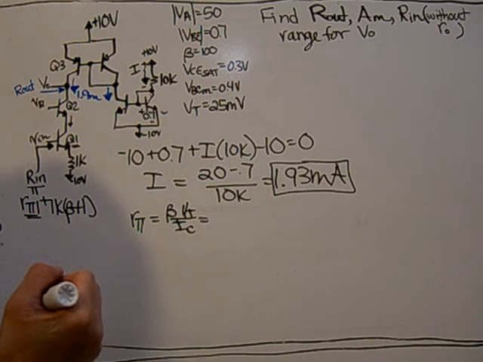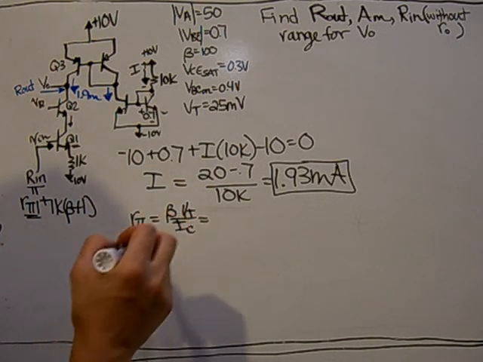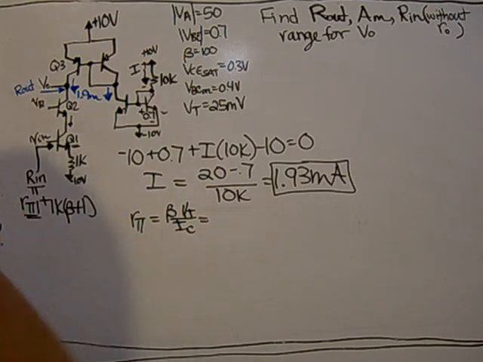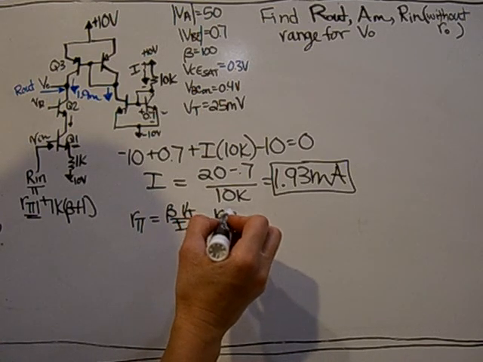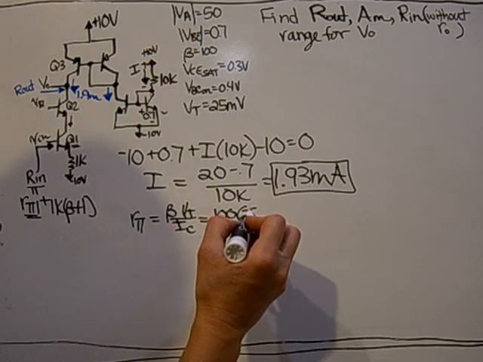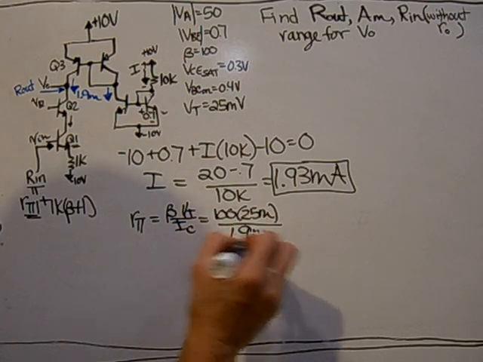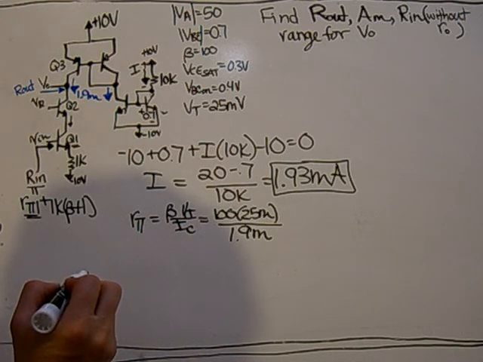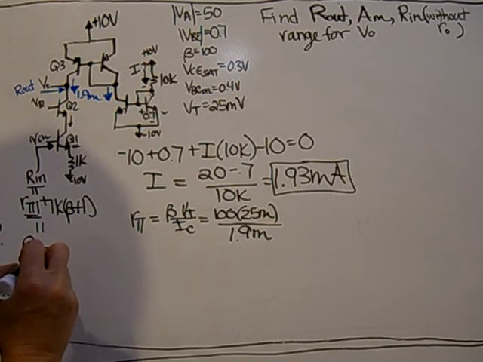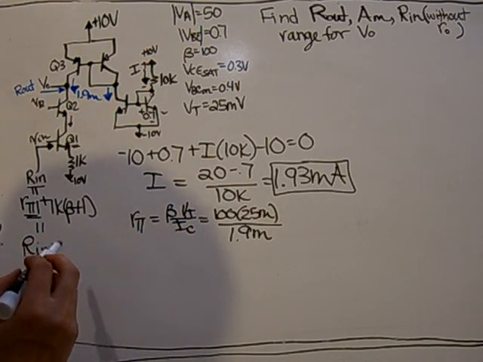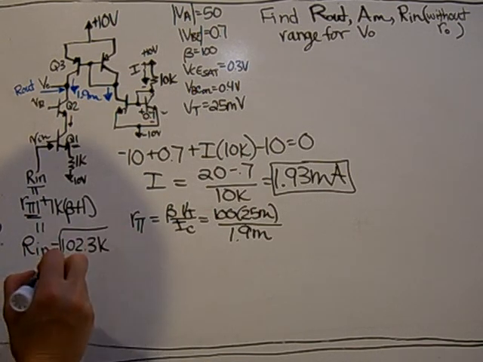At beta equals 100, it's typically pretty negligible differences, so we're going to just say Ic is pretty similar to 1.9 milli for both of them. So I am going to use the beta here and 25 milli and then 1.9 milli. Plugging that in gives an R in of 102.3k ohms.